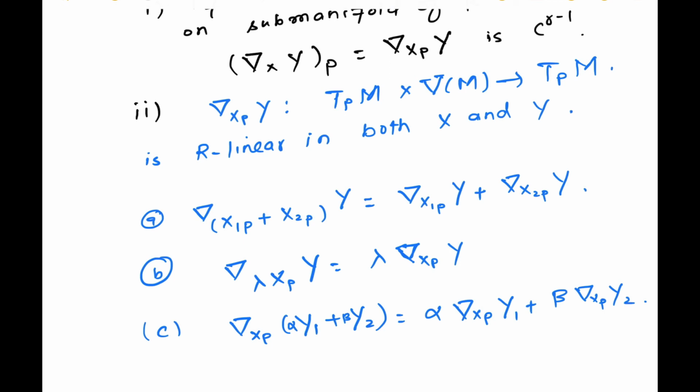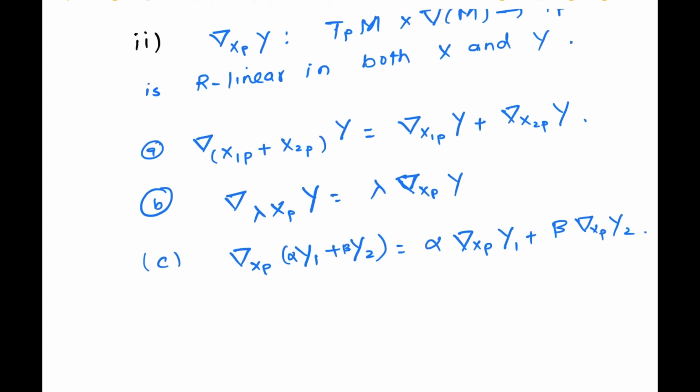So it means that this mapping is linear in both of its arguments.